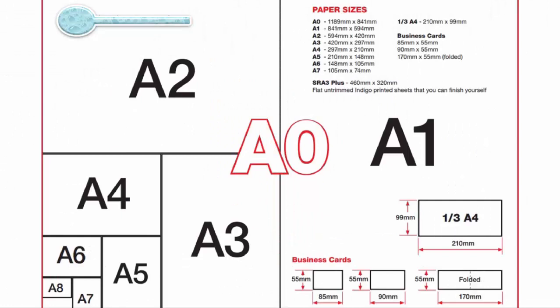Now this is the paper we use for drawing. This is showing that A0 is large, A0 is twice as large as A1, A1 twice bigger than A2, likewise A3, A4. So twice of A4 will make one A3.